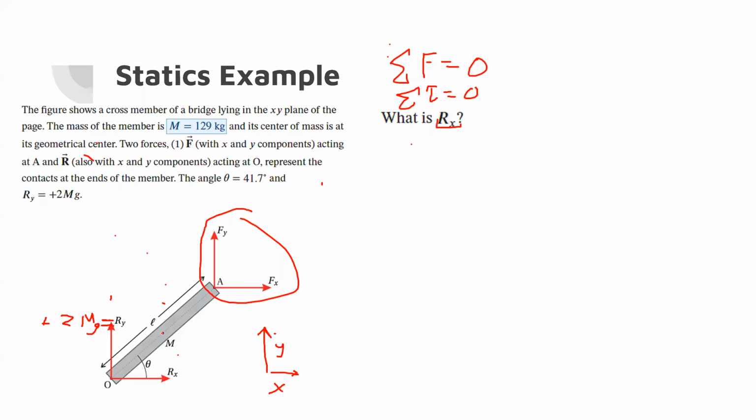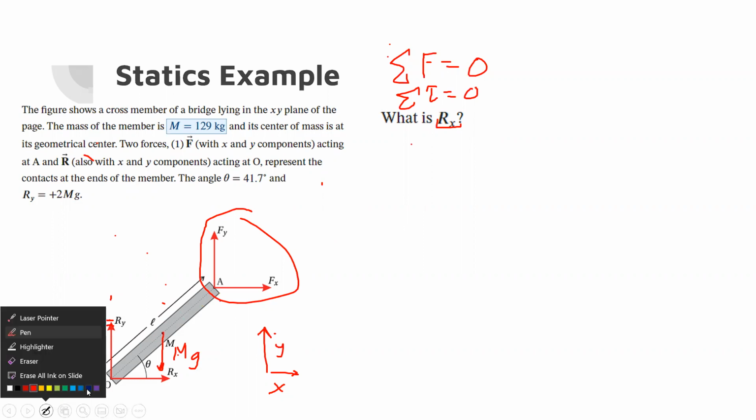So I'm going to draw the other forces that I don't have labeled. This one, which is like that. And then, since I am trying to find the force here at the bottom, this R force, I'm going to change color.